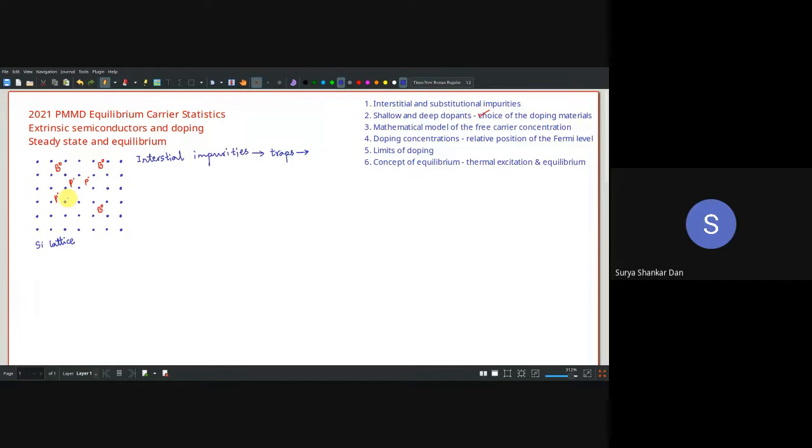They are going to simply consume the free carriers. So if there is a boron over here, phosphorus is essentially going to leave that electron, right? But that electron will come and sit in the boron, and it will get recombined with a hole. Boron basically gives one hole, phosphorus gives an electron.